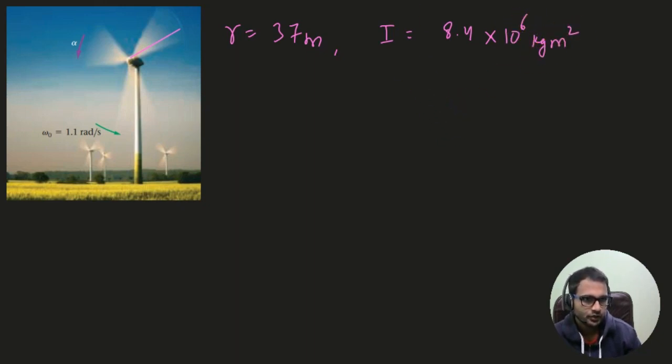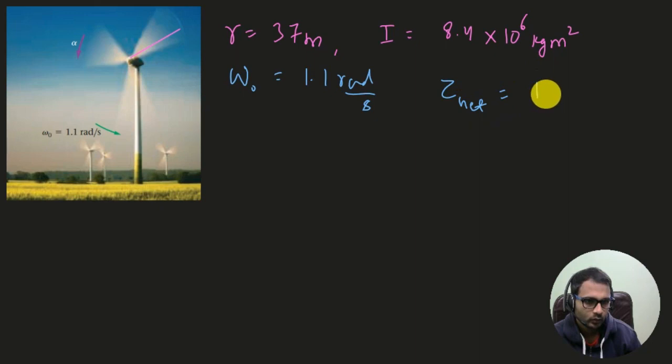The initial angular speed of the blade, omega naught, is given to be 1.1 radian per second. Now as the wind speed increases, the turbine experiences a net torque of 1.6 times 10 to the power 5 Newton meter.